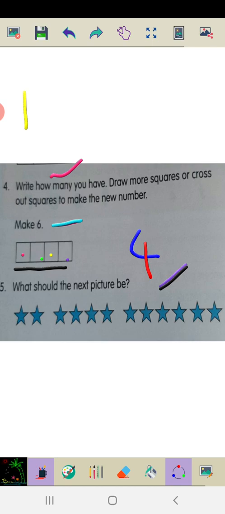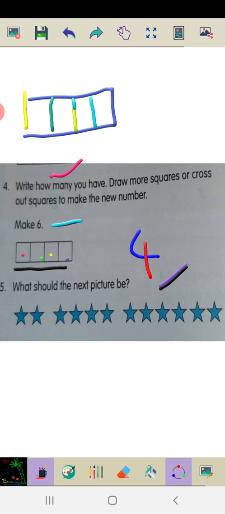There are 4 squares: 1, 2, 3, 4. So you want to make it 6. Should I add squares or should I remove squares?